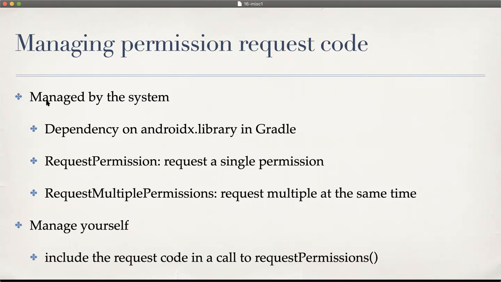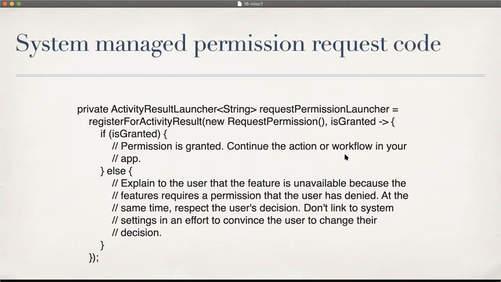We'll talk about the system managed permission in the next slides, but you can always look up how to manage it yourself in the online guide. So the system managed permission works like this. This is the register for activity result, which you give to request permission launcher, and it takes the new request permission, and then is granted.